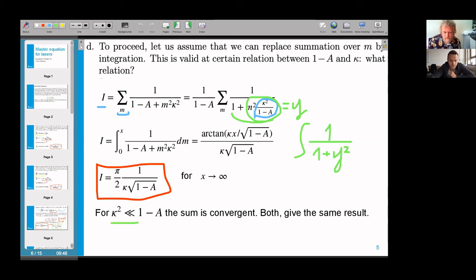I did not understand. You're talking about this expression? Yes. So if I take A to the left and kappa squared to the right, then I get A is way less than 1 minus kappa squared, which is approximately 1, right?